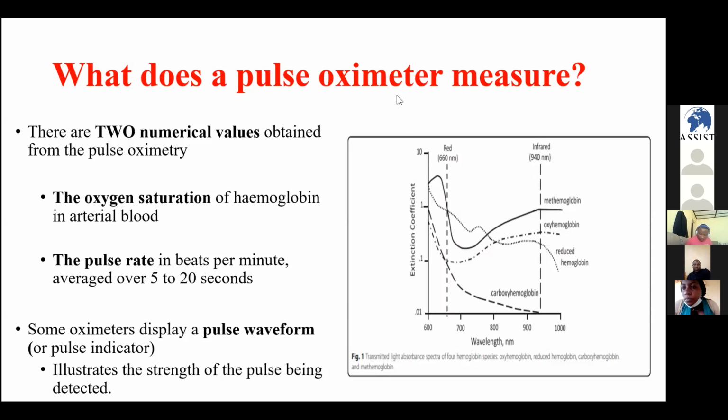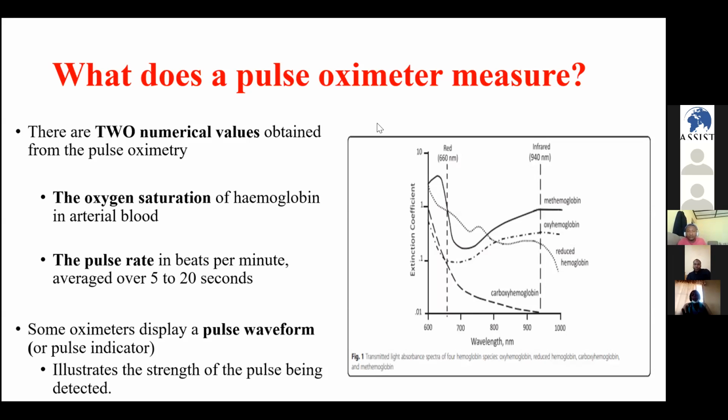So you are seeing a graph showing red and infrared, and on the horizontal line methemoglobin, oxyhemoglobin, and reduced hemoglobin, or carboxyhemoglobin very down.